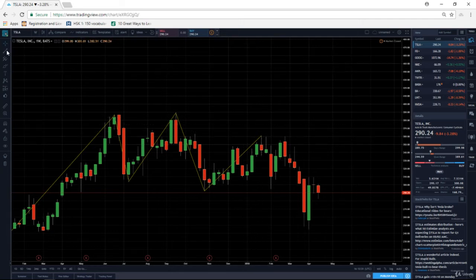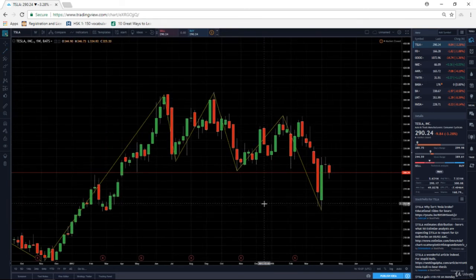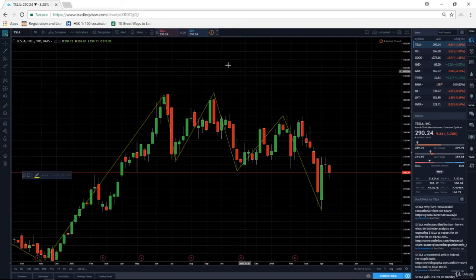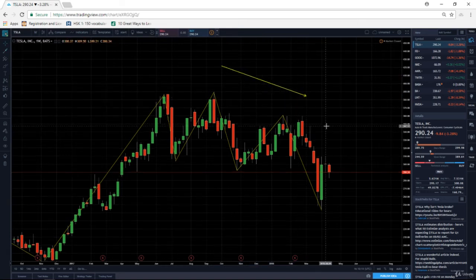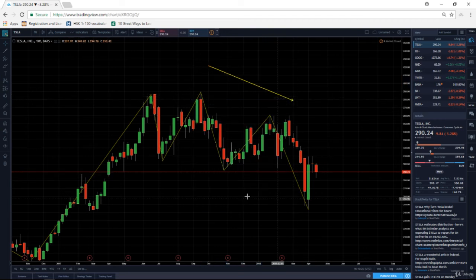Then it goes downward. So currently we have no interest in Tesla Incorporated, because now you can see that it is going downtrend, right? Going downtrend in a short period of time.